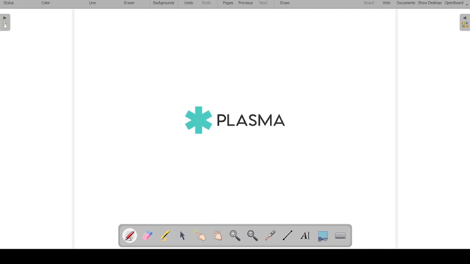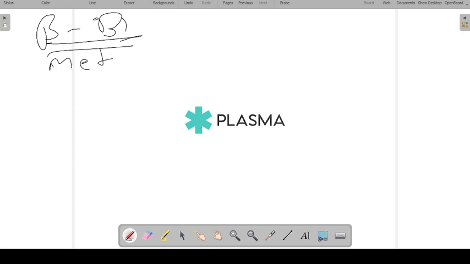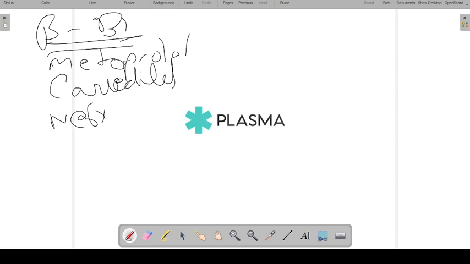Now coming to the beta blockers subclass. They include metoprolol, carvedilol, and nebivolol. Propranolol is the non-selective prototype of beta blockers. Metoprolol and atenolol are widely used beta 1 selective blockers.